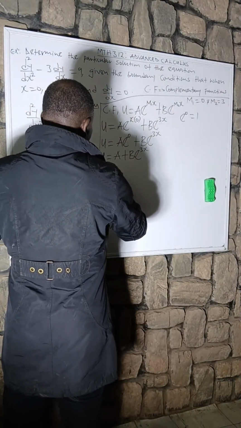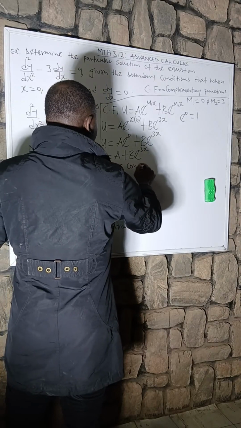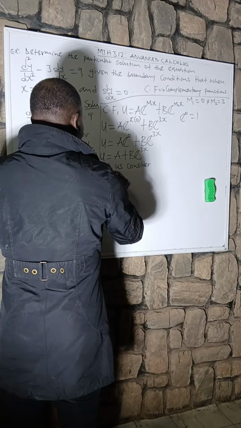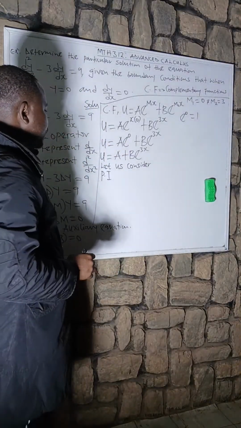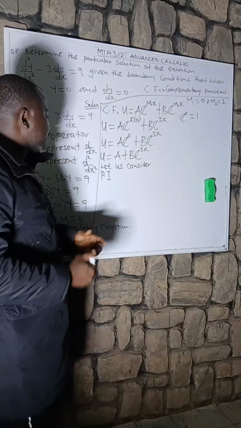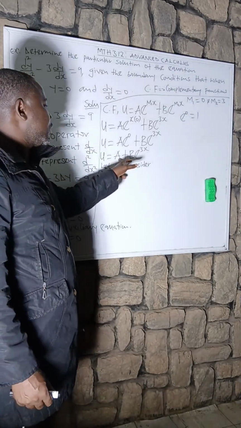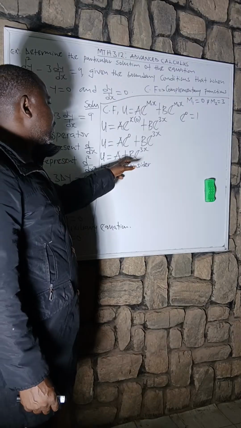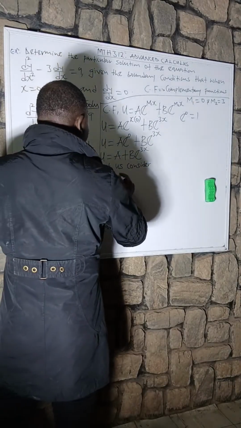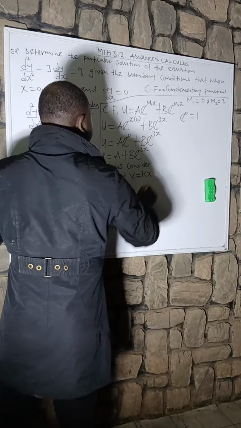Let us consider the particular integral, PI. So now since in the complementary function we have a constant, is that clear? What we need to do here is we are going to let v be equal to kx.